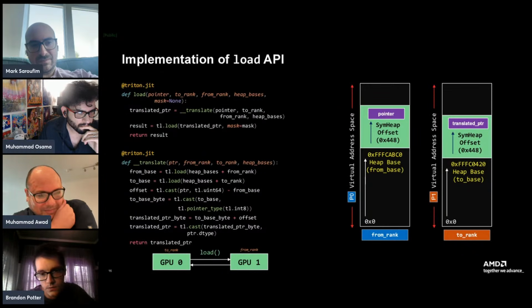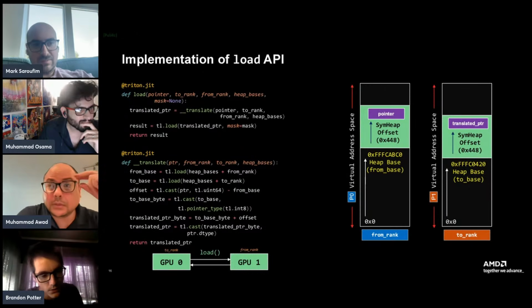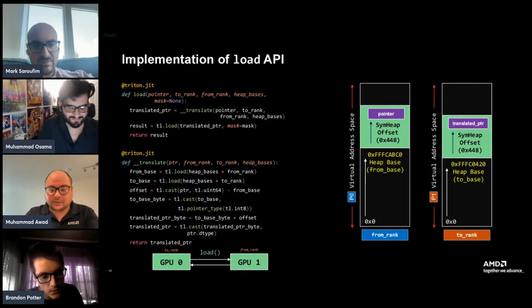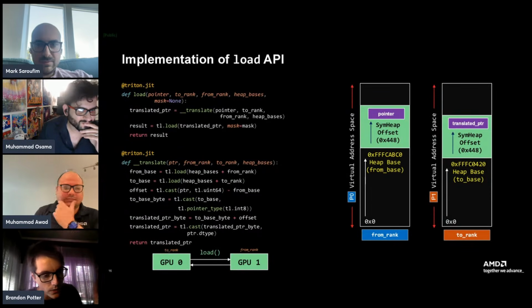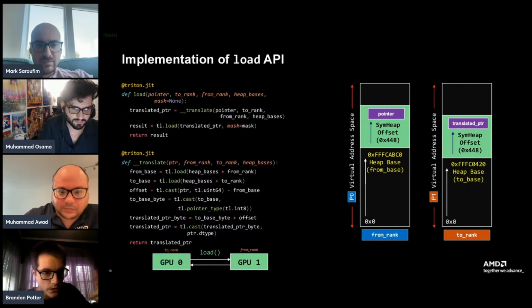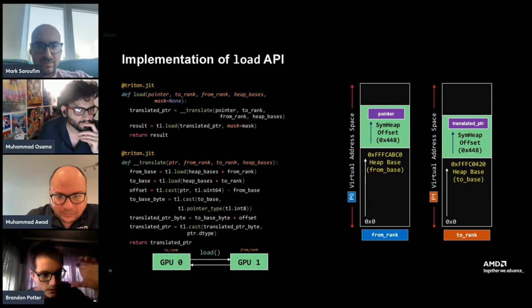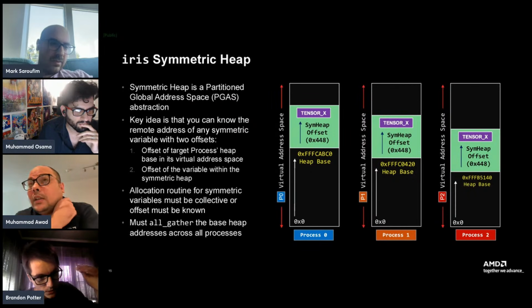I can field this one. The implementation with these APIs is directly done in Triton. So you can do things if you're tightly integrated with Triton that you can't necessarily do if you're calling into other APIs like Triton distributed. For instance, these load store APIs are being jitted by Triton, and they're going to be generating a kernel with these address calculations directly embedded into them.